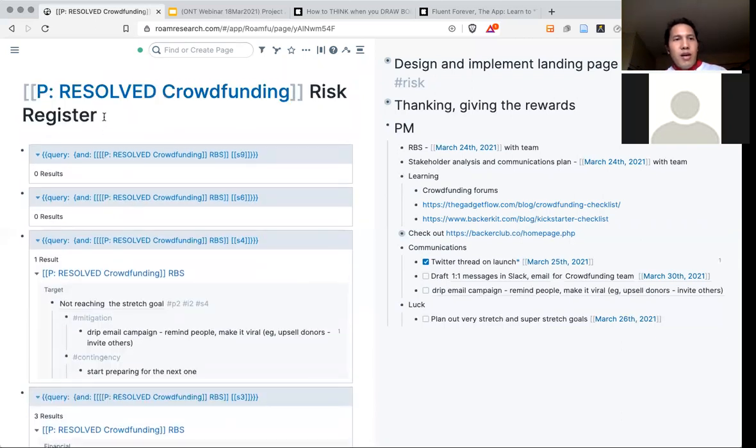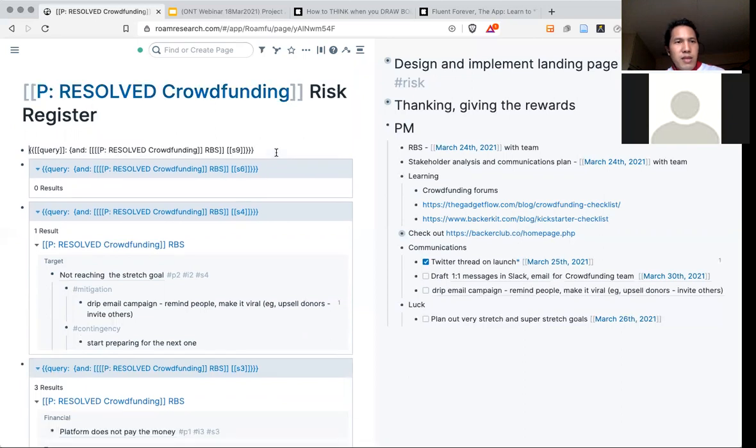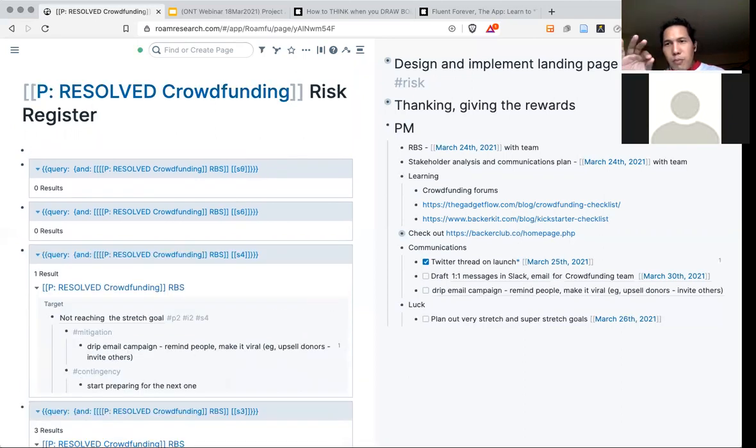So now we're at the end point of the planning, which is programming your attention. For instance, we have our S6 or S4 risks.